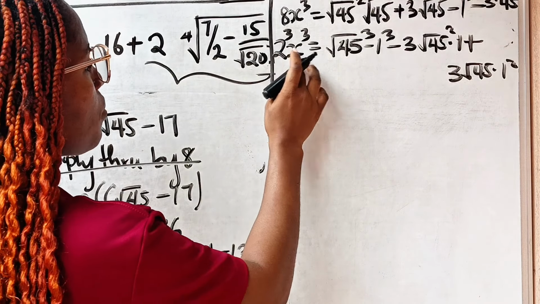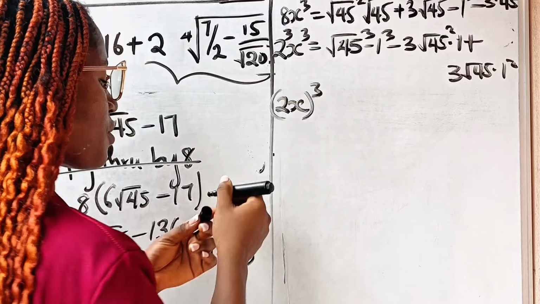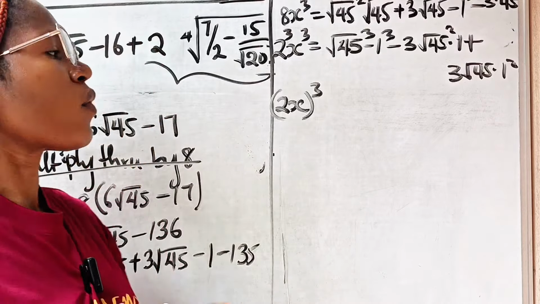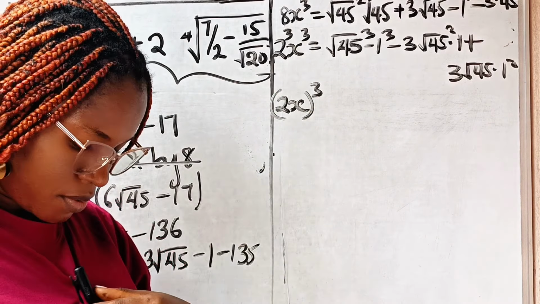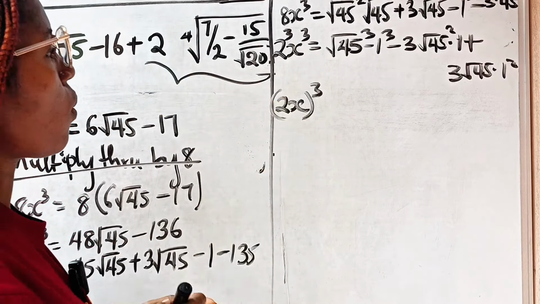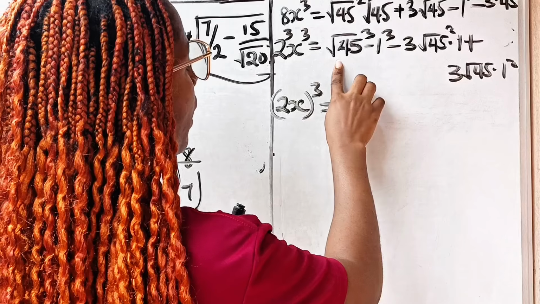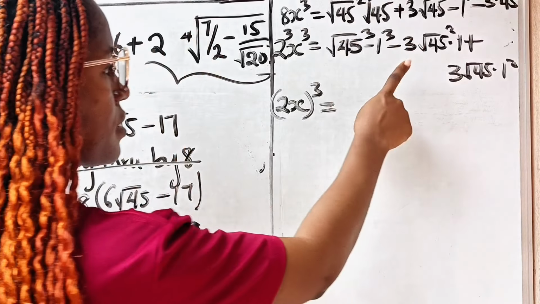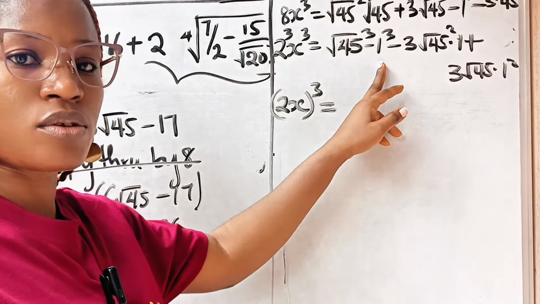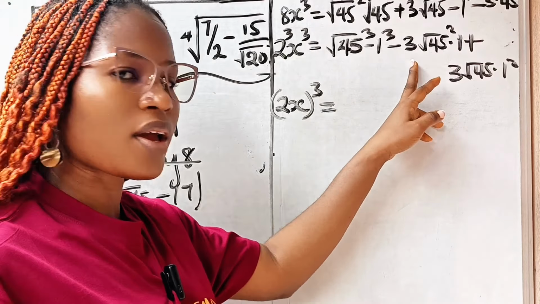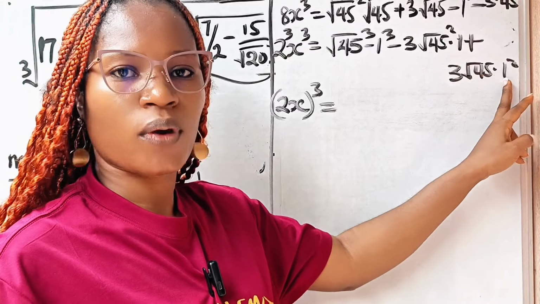So we can bring this together as 2x to the power of 3 is equal to, now if you look at this, this is like a to the power of 3 minus b to the power of 3 minus 3a squared b plus 3ab squared.